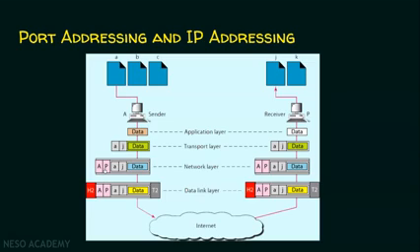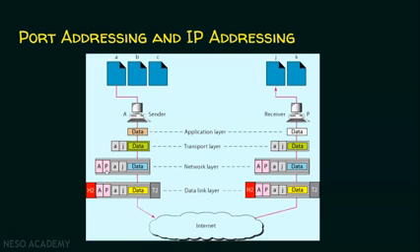If it is IPv6, then the source IP address will be 128 bits and the destination IP address will also be 128 bits. We will deal with IPv4 and IPv6 elaborately in the network layer part of our series. For the time being, just understand that IP addresses can be IPv4 or IPv6 and port numbers will be 16 bits only.